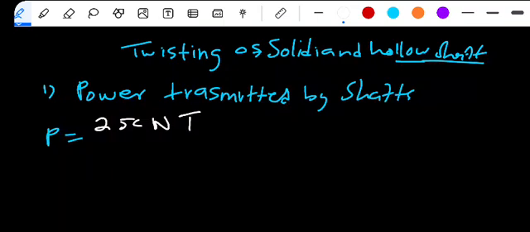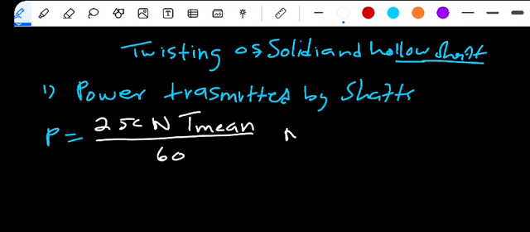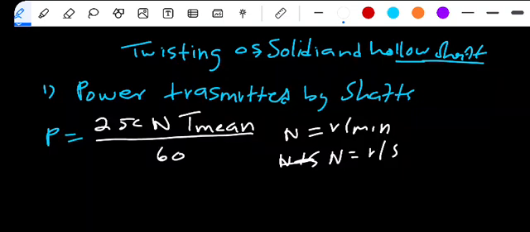But this torque is what? It's a mean torque, not just a torque. Power equals 2 pi n multiplied by T mean, divided by 60 if you're given n in revolutions per minute. But if you're given n in revolutions per second, the formula will simply be power equals 2 pi n multiplied by T mean.